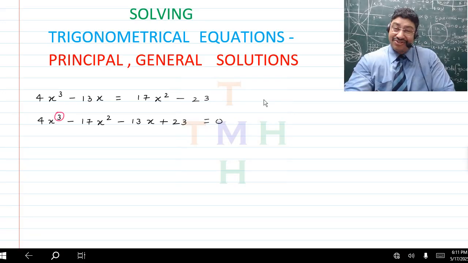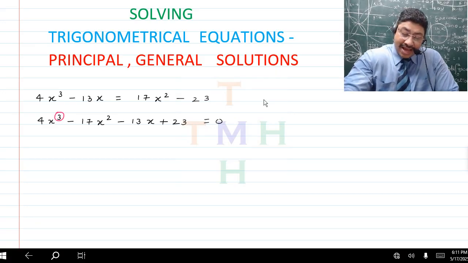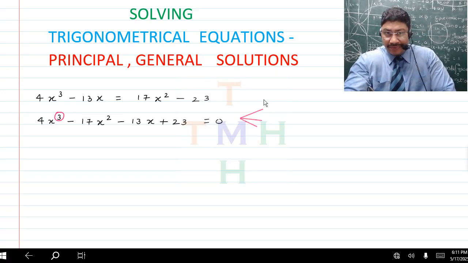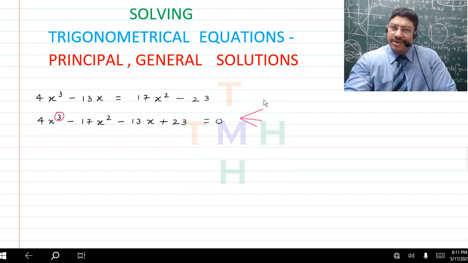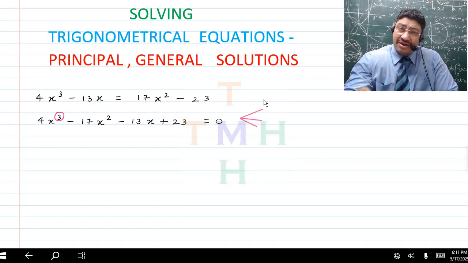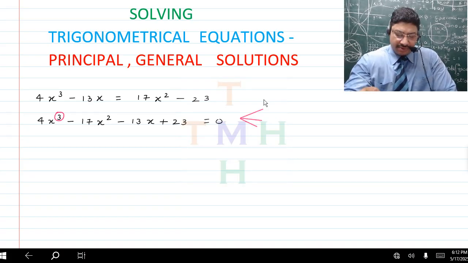So 23 actually has x, but the power of x is 0. Now as the highest power of the variable is 3 here, we expect a definite number, that is 3 solutions, from this equation. So this is the speciality of an equation: you have a definite number of solutions and that depends upon the highest power of the variable.